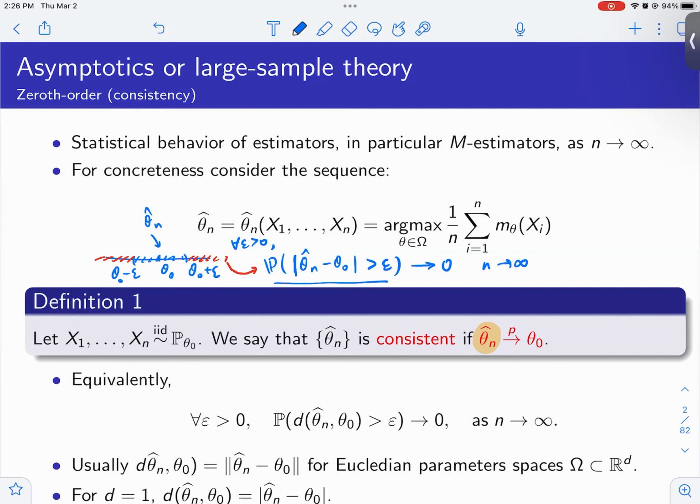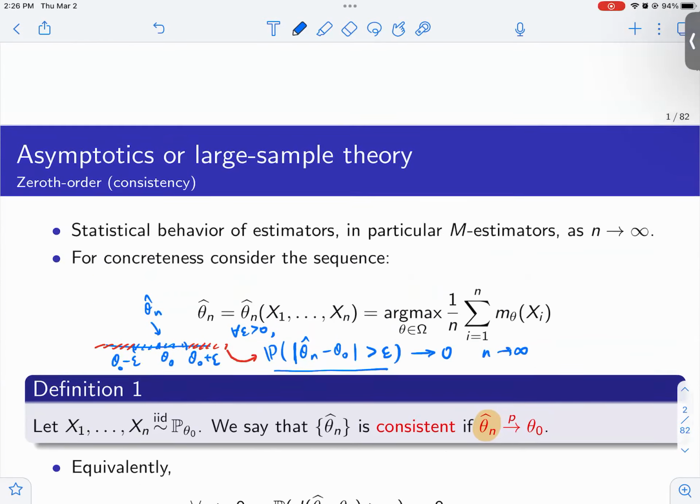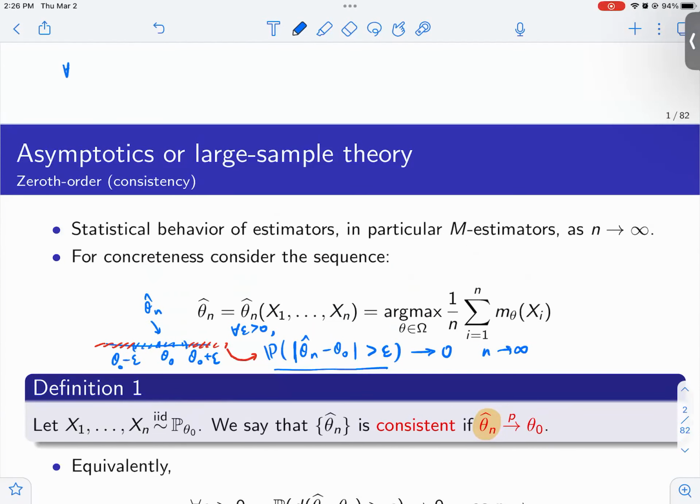So this gives you some sort of a confidence interval. If you're a statistician, you would interpret this as: for every epsilon bigger than 0, there exists some n depending on epsilon, such that if my sample size is bigger than this, then with probability bigger than or equal to 1 minus delta, theta hat n minus theta naught is going to be less than or equal to epsilon.